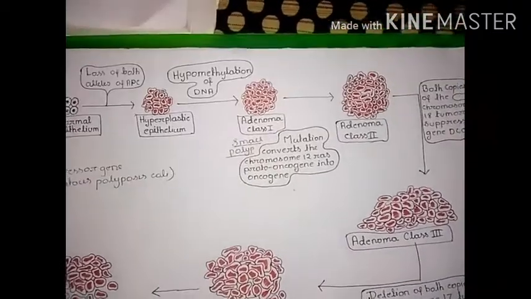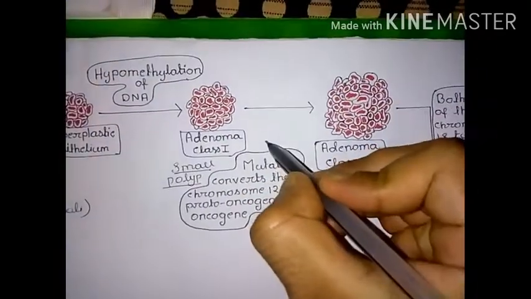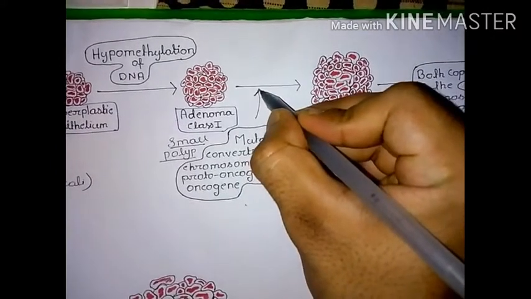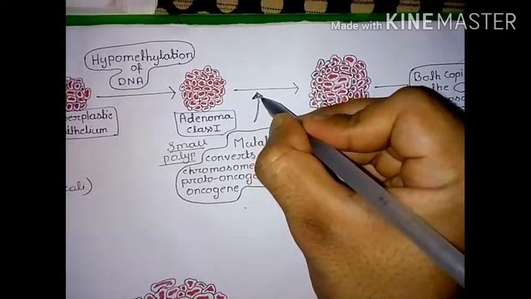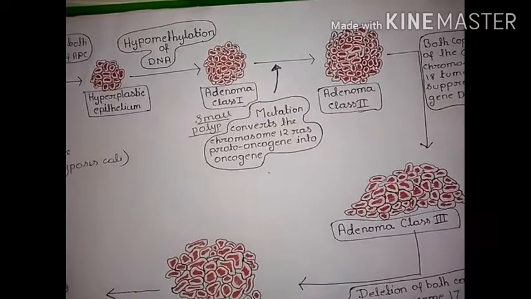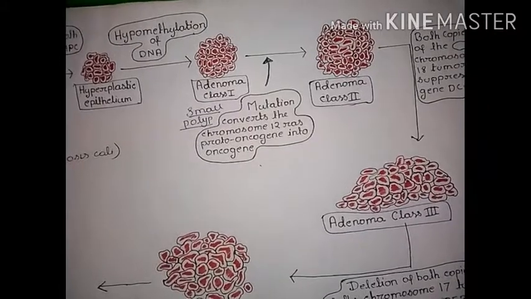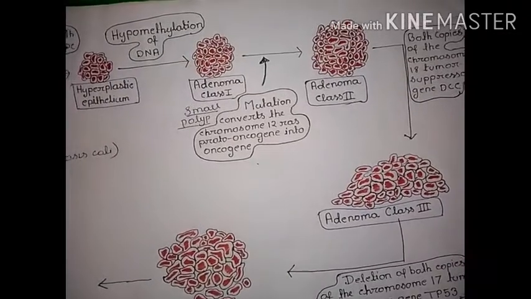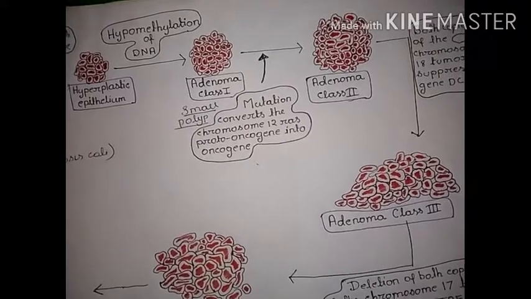Now adenoma class 1 is transformed into adenoma class 2. Which genes are involved in this transformation? Mutations convert the chromosome 12 RAS proto-oncogene into an oncogene. So the RAS proto-oncogene is the reason for the transformation of adenoma class 1 into adenoma class 2.